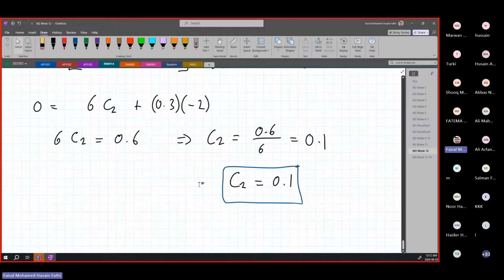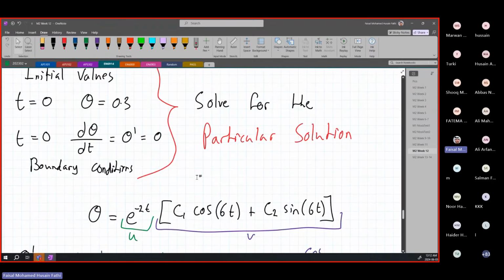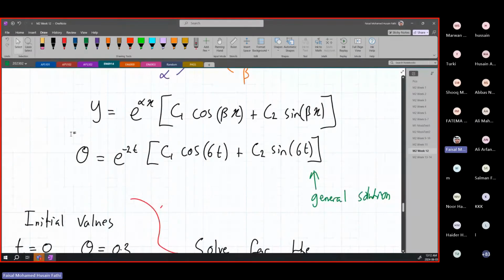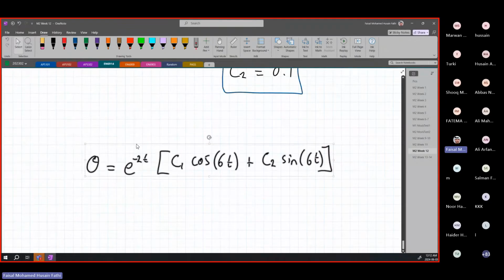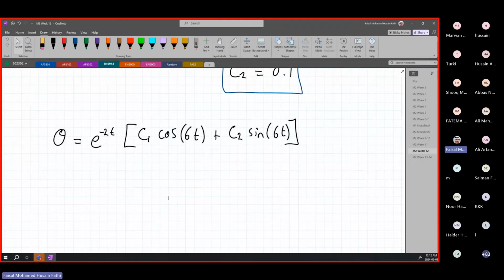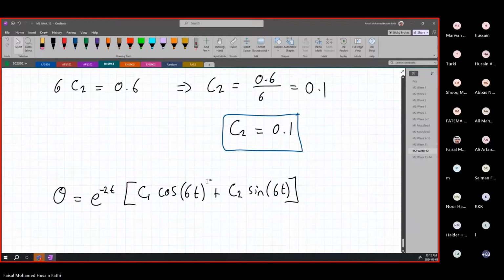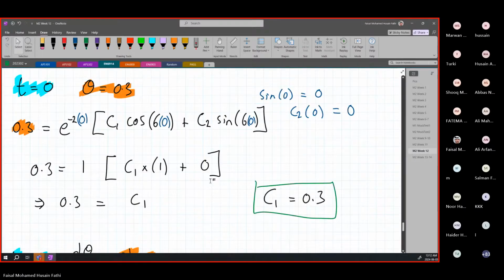All right? Now we go all the way back to our general equation and we substitute for our C values. So we bring back this general equation and then, one second. Okay.